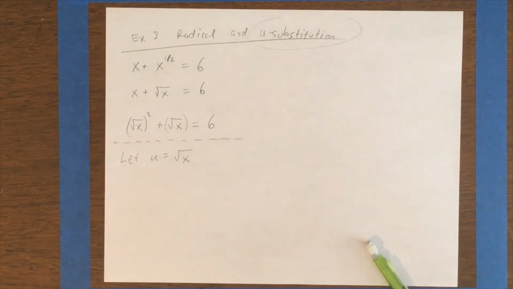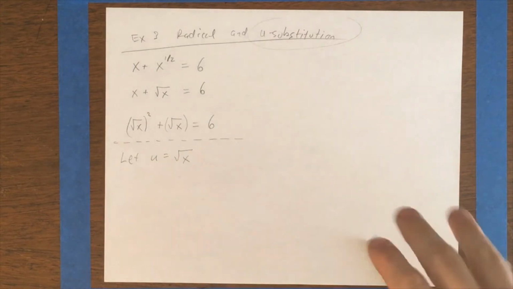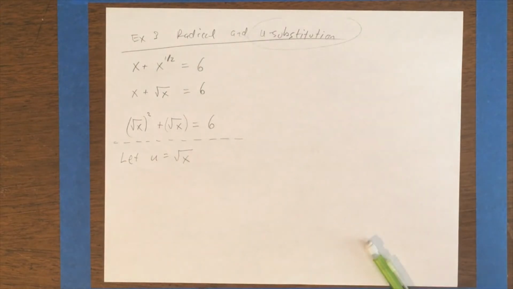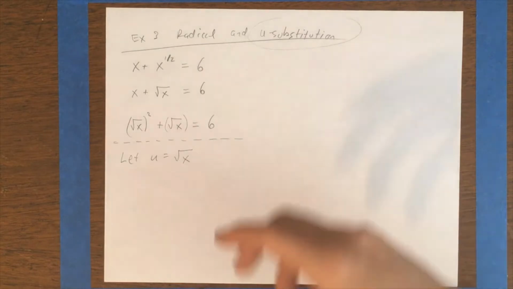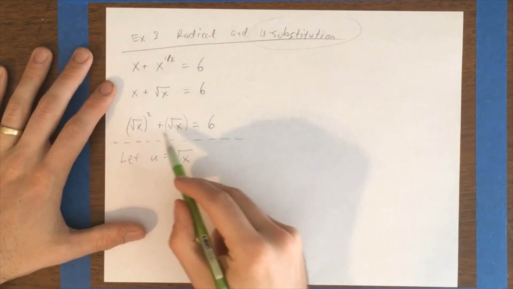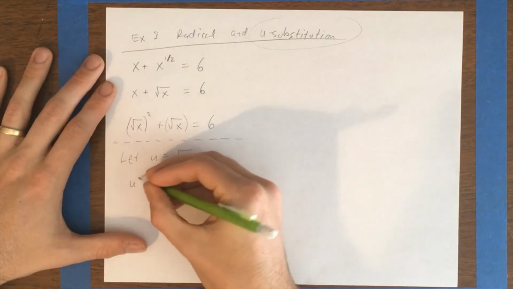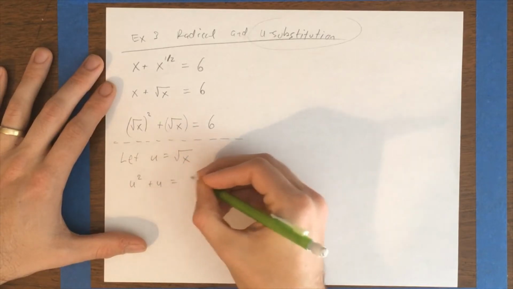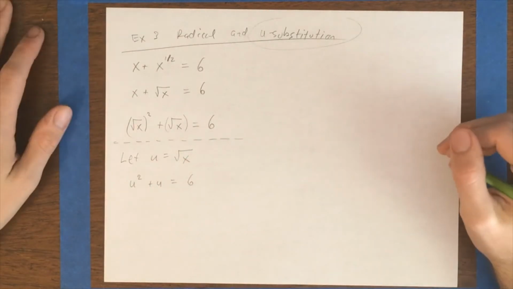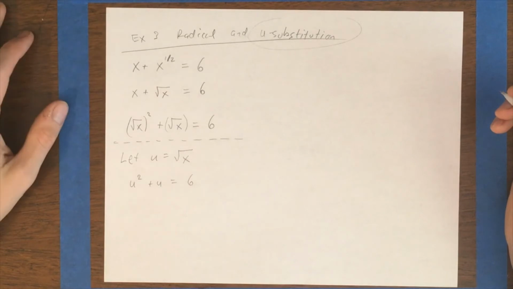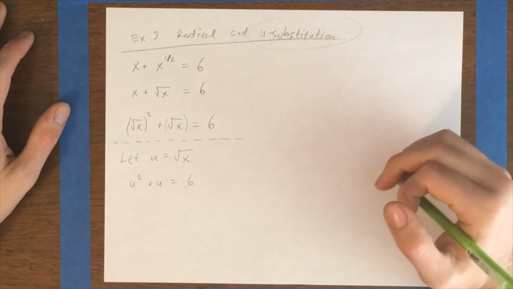We're introducing U out of nowhere, but we're defining how it's related to x. U is equal to the square root of x. Then I can rewrite this equation as U squared plus U equals 6, which is a much simpler equation to solve.